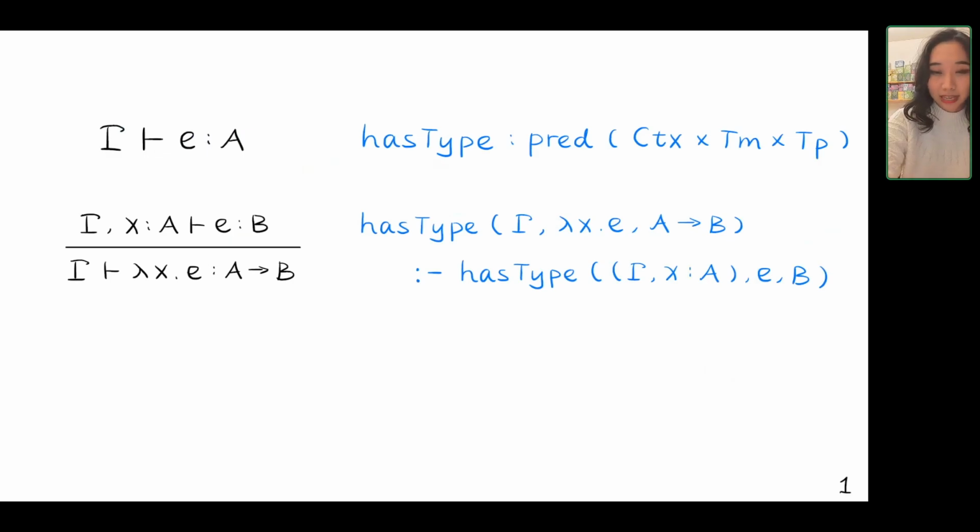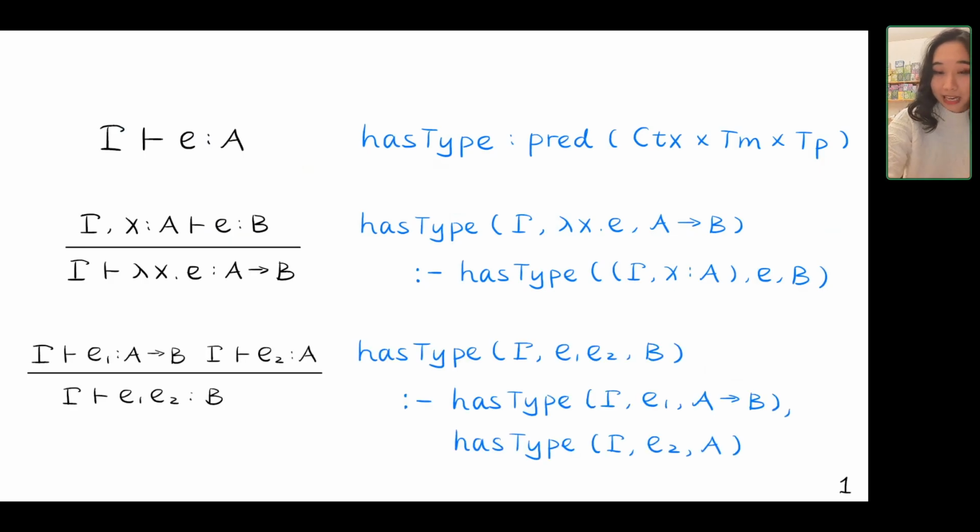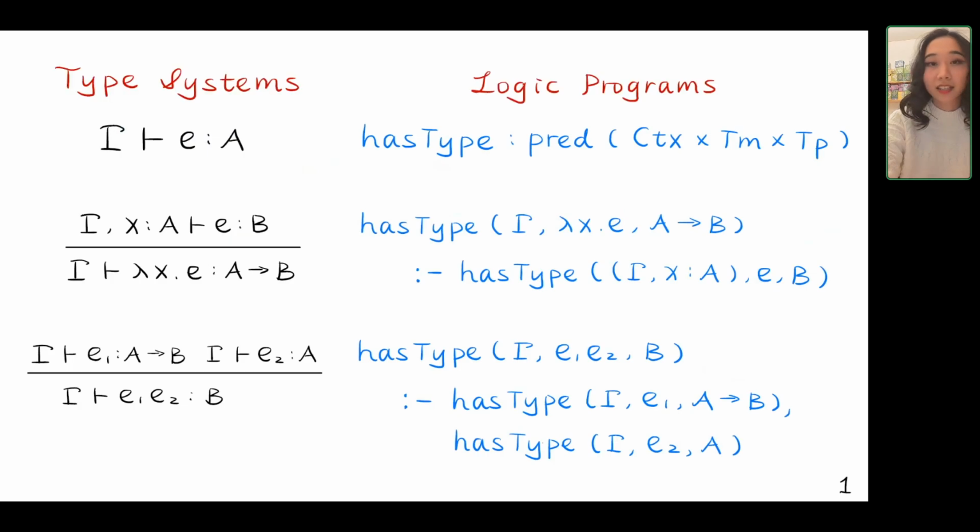The colon dash I'm using here comes from the syntax of Prolog. And you also have function application. The two predicates here correspond to the two premises on the left.